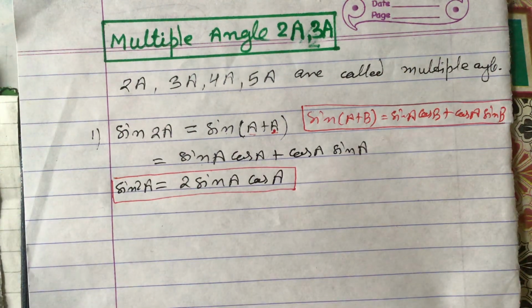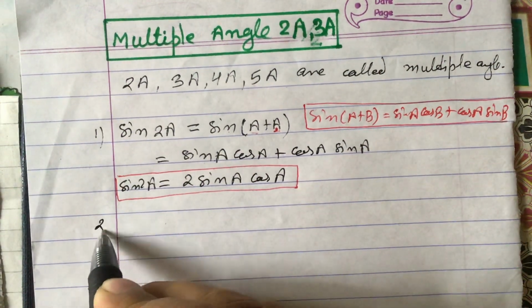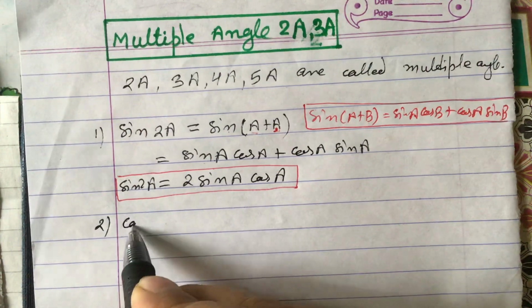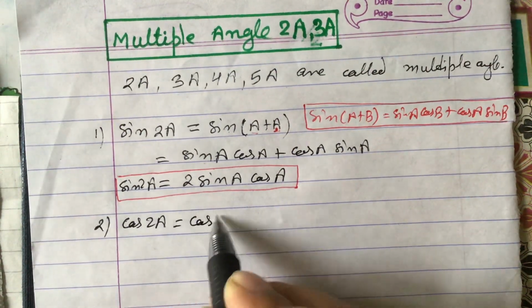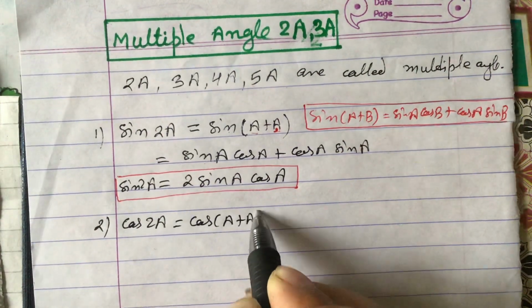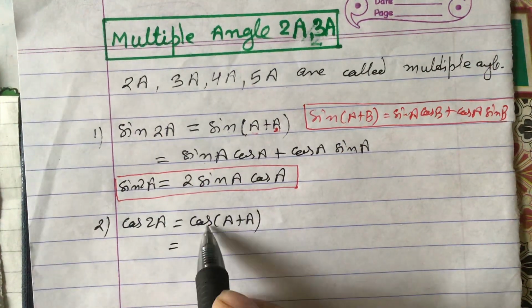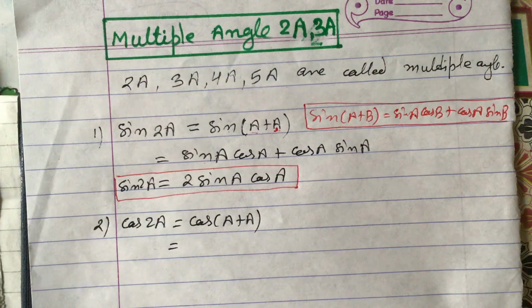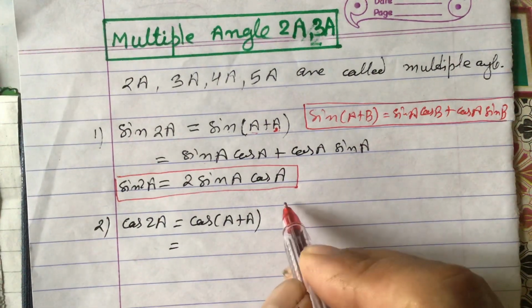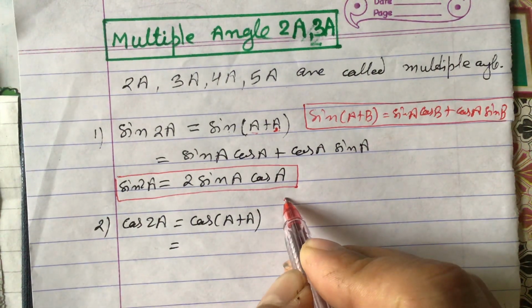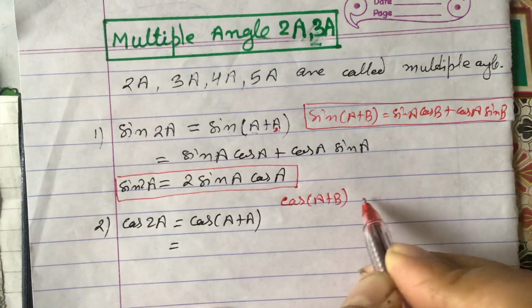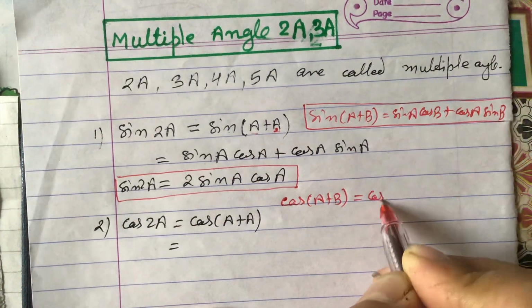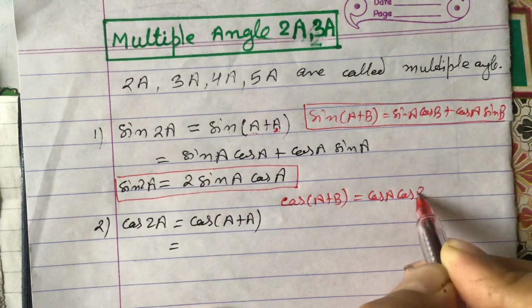Similarly, number 2 now, I'm going to derive the formula for cos 2A. Cos 2A can be written as cos of A plus A, this way. Similarly, here also we can apply the cos A plus B formula that we learned in our previous compound angle. The formula for cos A plus B is cos A cos B, both cos here.